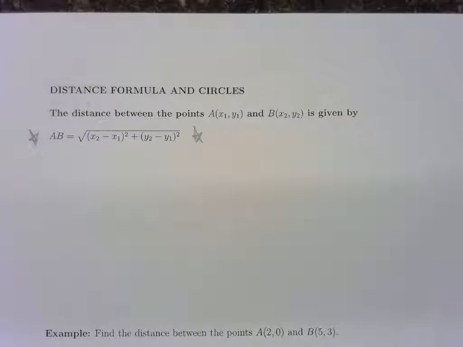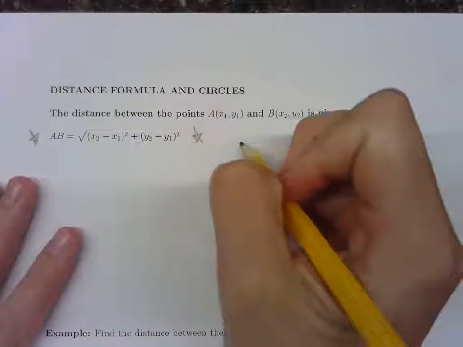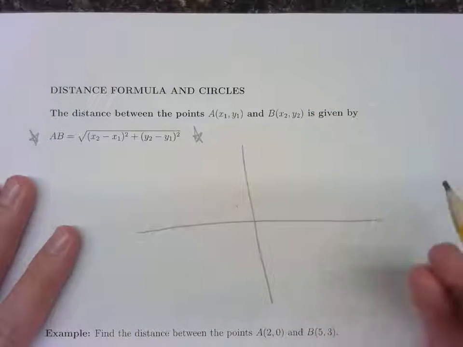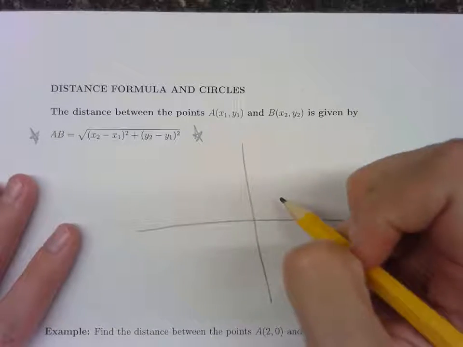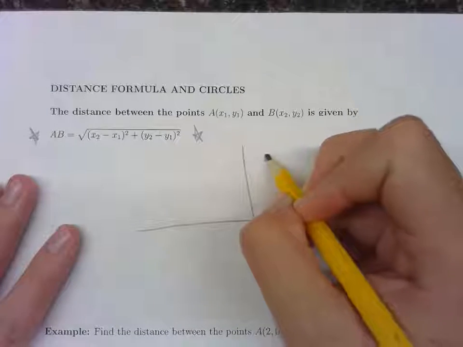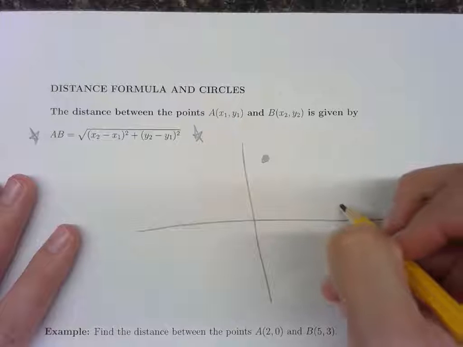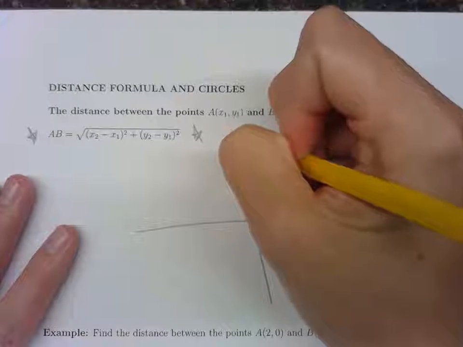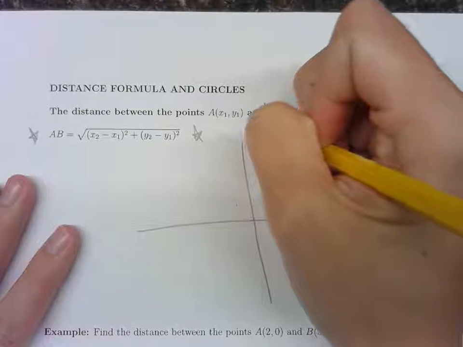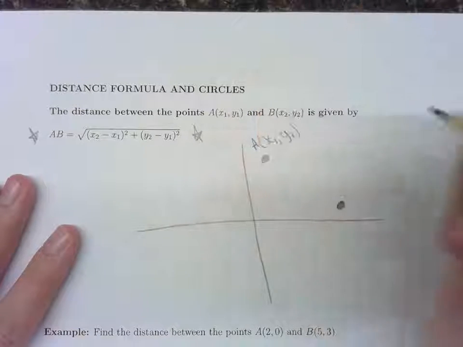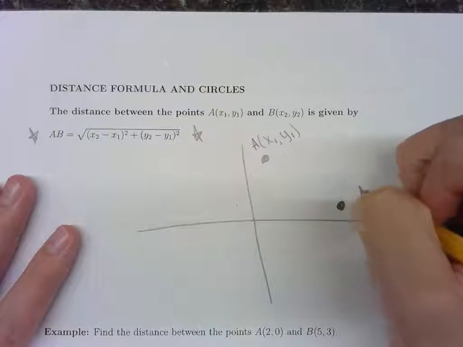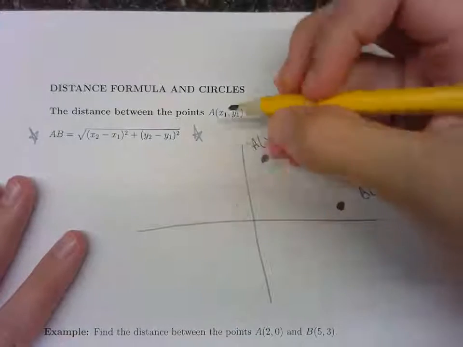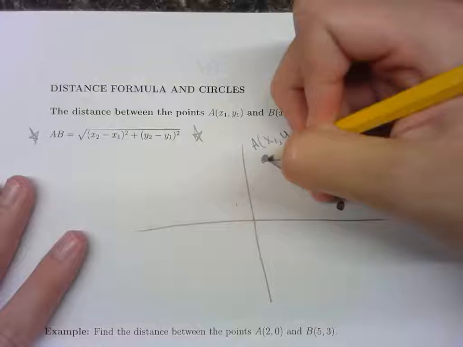Okay, so I want to go over how the distance formula is derived, just in case you forget the actual formula, you might be able to derive the formula from a picture. Let's say this is point A (x1, y1), and this is point B (x2, y2), and we want to know the distance.